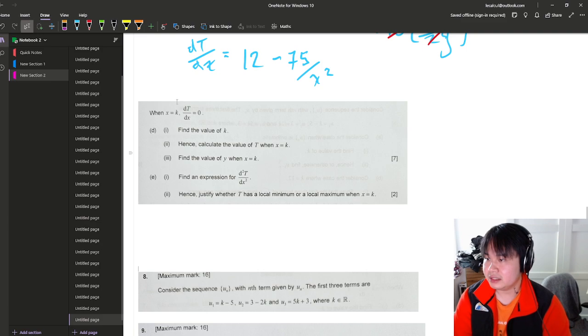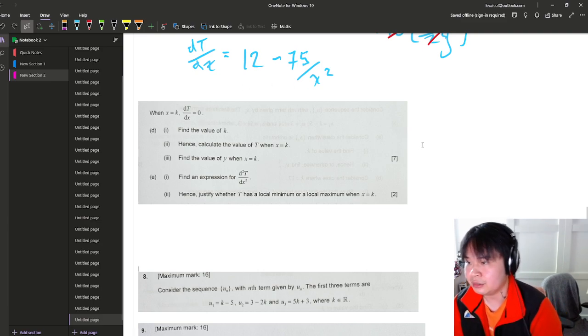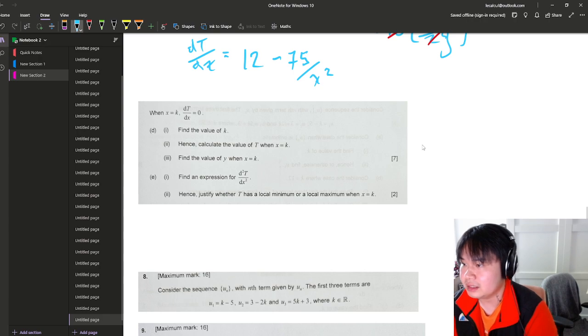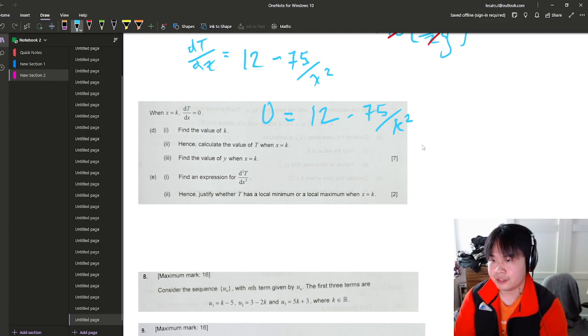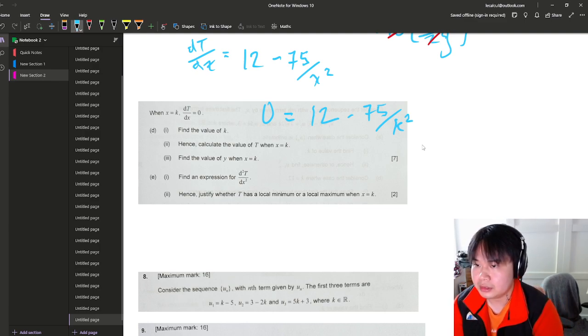So when x is a certain value, this derivative is equal to 0. Find out what that value is. Okay. So we make our derivative equal to 0. And then I guess we can replace x with k. Solve for k. So let's see.